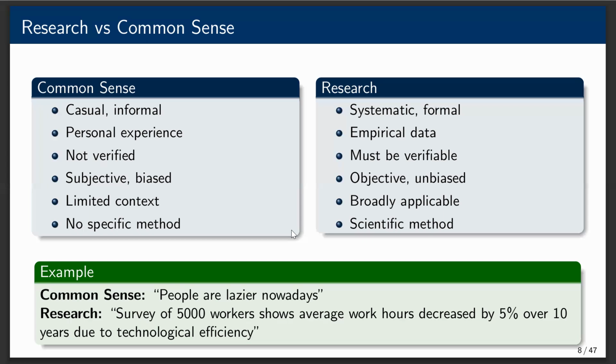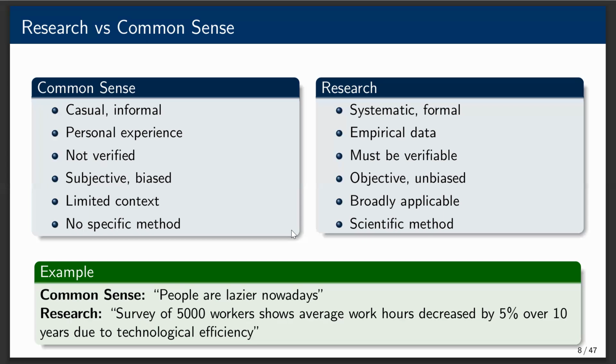Objective, it is very objective in nature, it is unbiased, and it is broadly applicable, and it's scientific method. So that's the reason why we will differentiate research from the common sense ideas or just normal people what they think.